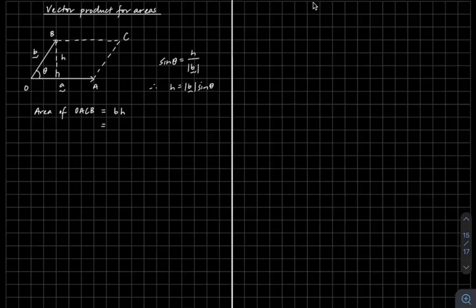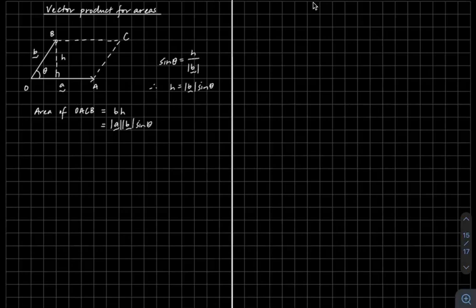Alright, so here the base of the parallelogram is the magnitude of a, and the height, as we've just said, is magnitude of b times sine theta.